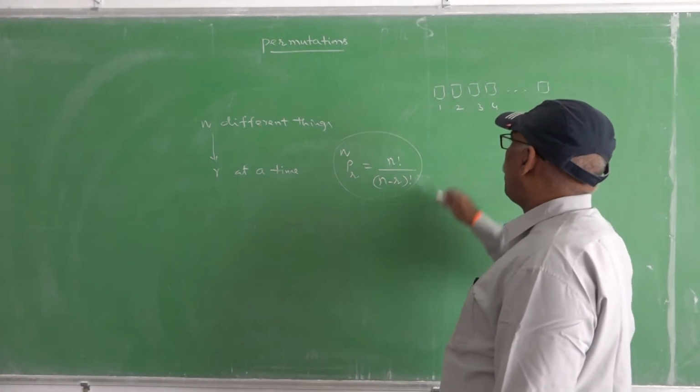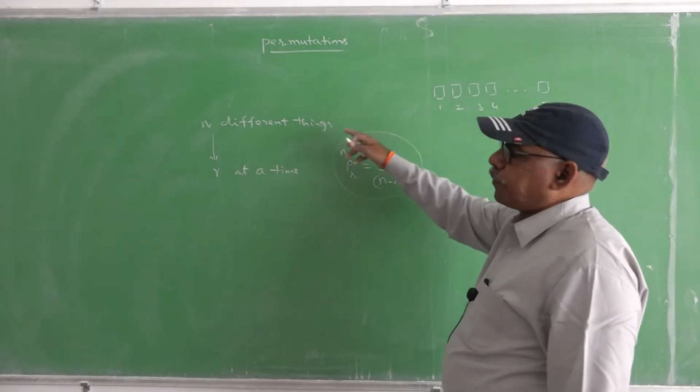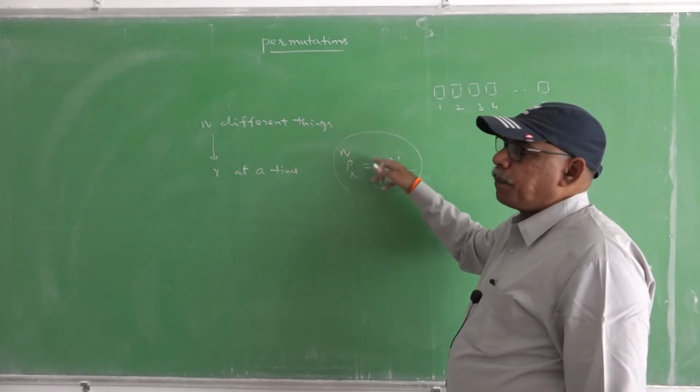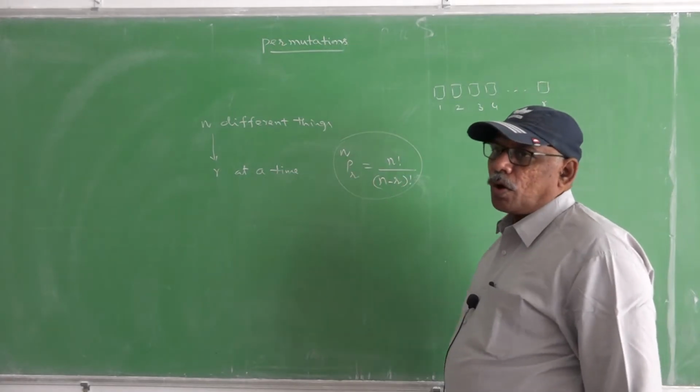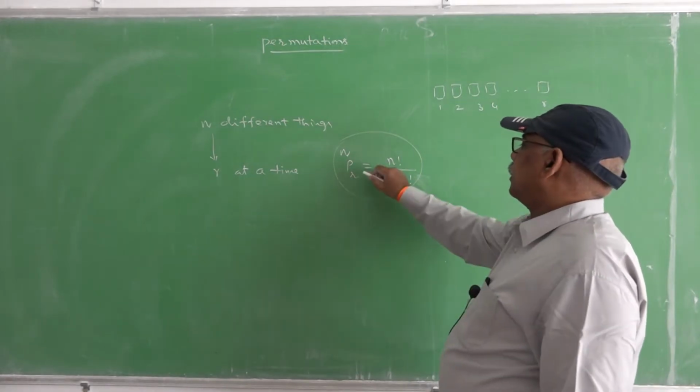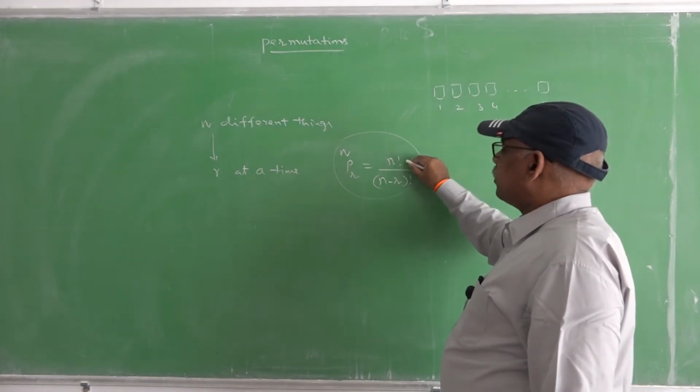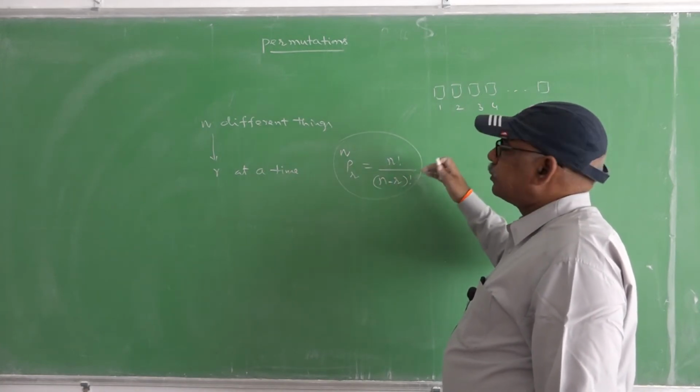Filling up of r blanks with n different things is given by nPr, the number of permutations of n dissimilar things taken r at a time in a row. This is nothing but n factorial by n minus r factorial.